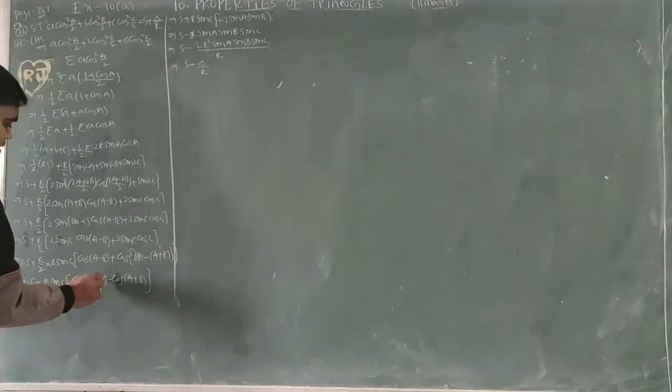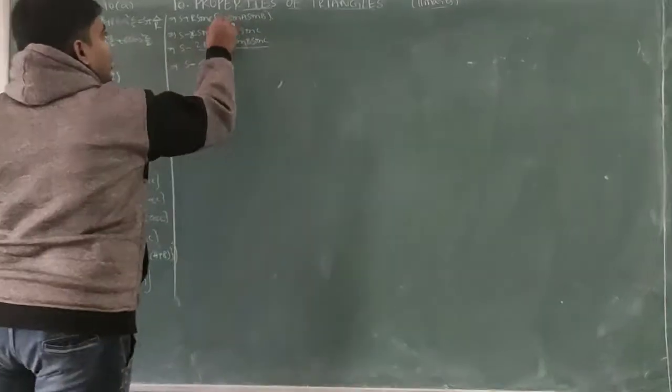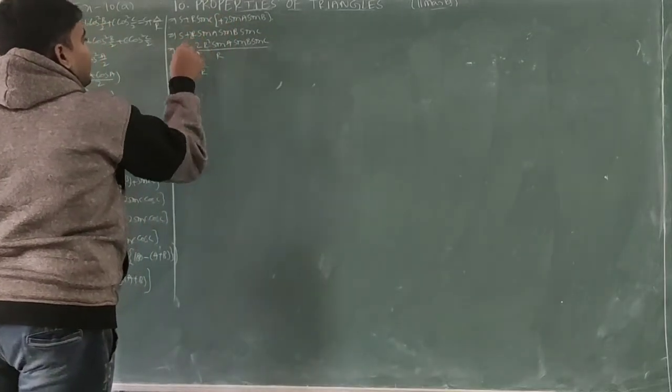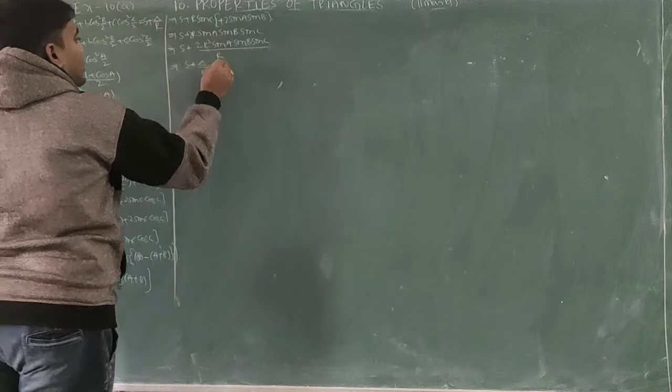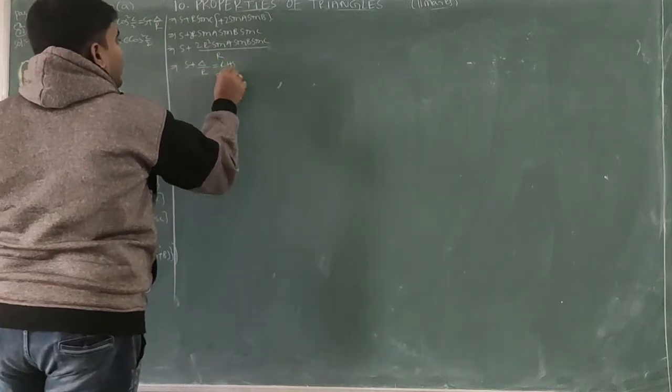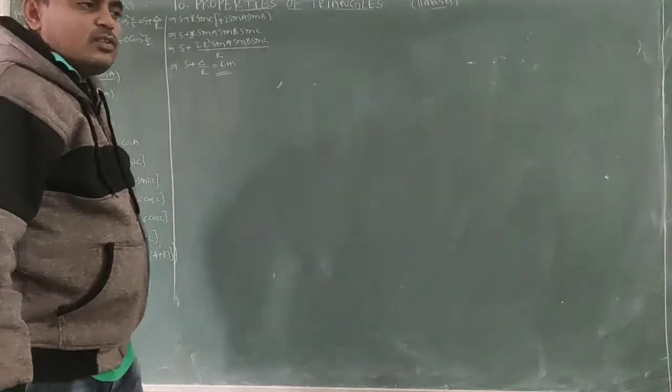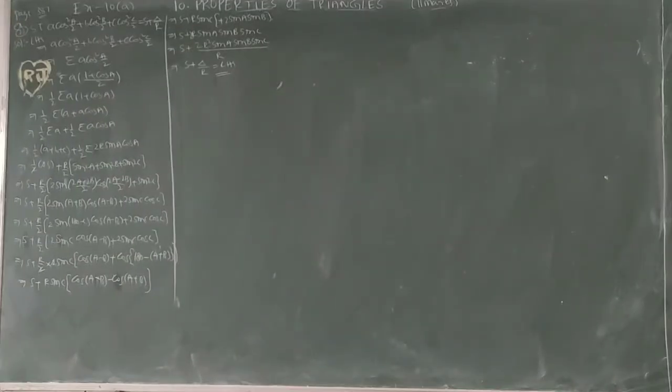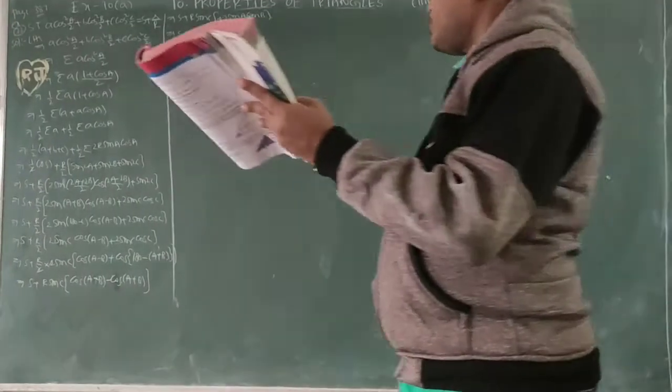Cos difference minus cos sum is 2 sin A sin B. So S plus delta by R is equal to the RHS. This is the required solution. Okay, next question, 23rd.